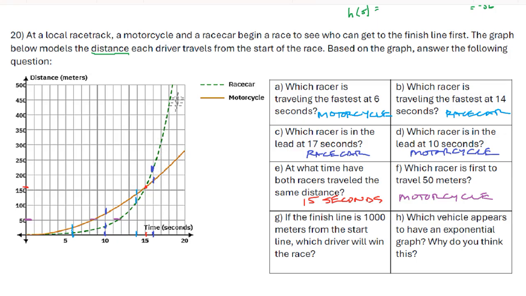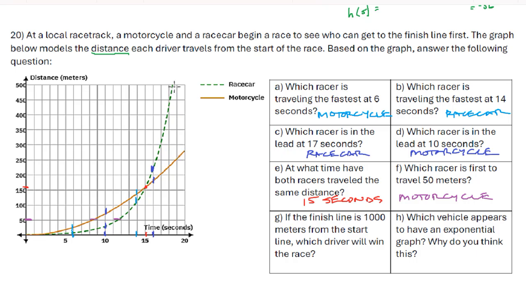look at how fast the race car is going compared to the motorcycle. The steepness of that line is so steep compared to the motorcycle. So we can say, class, this graph will continue, and as it continues, it's going to keep on going faster and faster. The rate of change in speed for the race car is huge compared to the rate of change for the motorcycle.